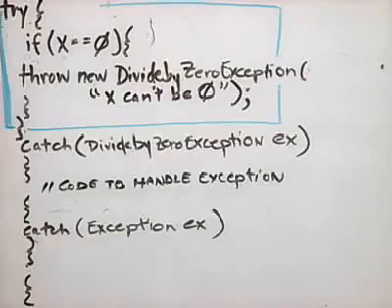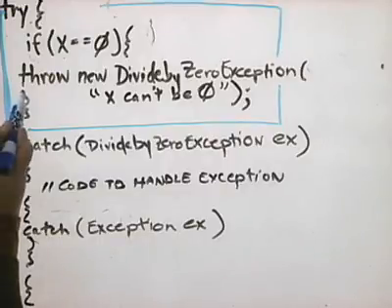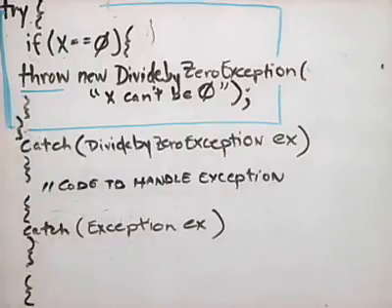Here's an example of using the throw statement. You can see on the whiteboard here that there's a try, catch. You can see the try block. It begins here and actually goes all the way down to here. Now within the try block, we're interrogating the value of x. We're testing a condition and seeing if x is equivalent to the value of 0. And if it is, we're going to throw an exception.